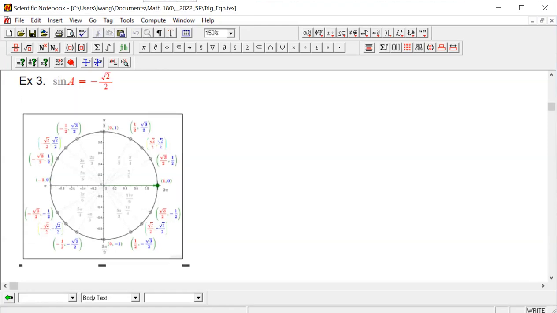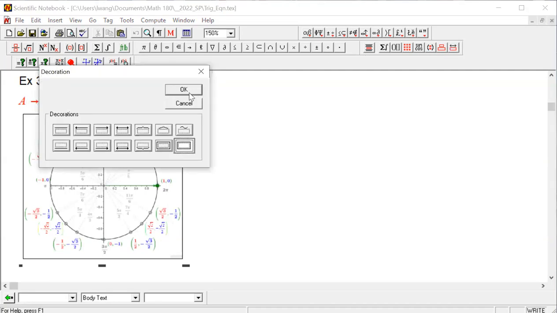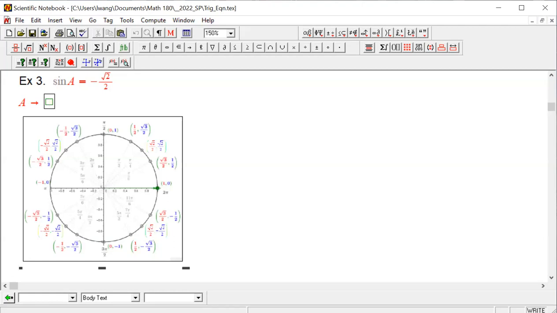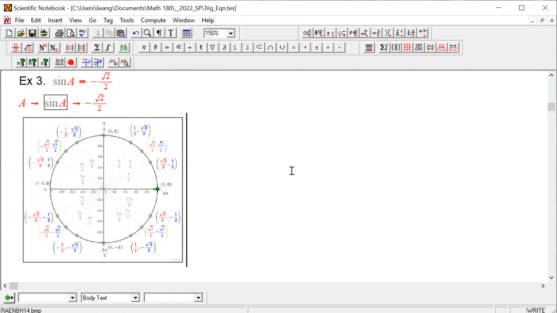It's the same drill. The angle is the input. We're looking for angles, and the sine function is applied to the angle. It produces a ratio, and the ratio is given. So the output is given. It's still the same story. You can see it has to be absolutely consistent.